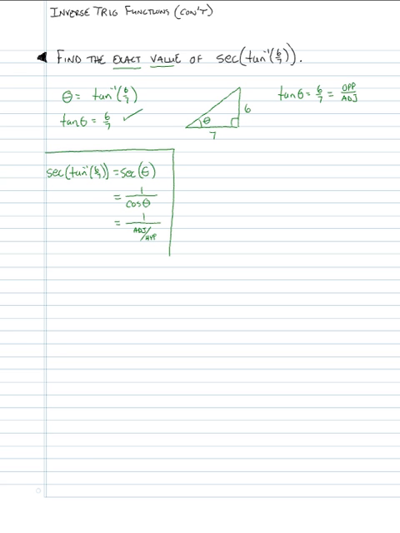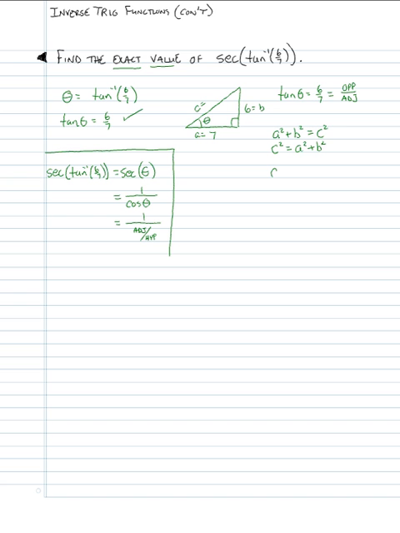And so it all comes down to us needing to know the hypotenuse, because we already know the adjacent side is 7, don't we? So we've got to come up with a hypotenuse, but this is a right triangle. So we could call this side A, this side B, and the hypotenuse would be C, and because this is a right triangle, the Pythagorean theorem is true: C squared is equal to A squared plus B squared.